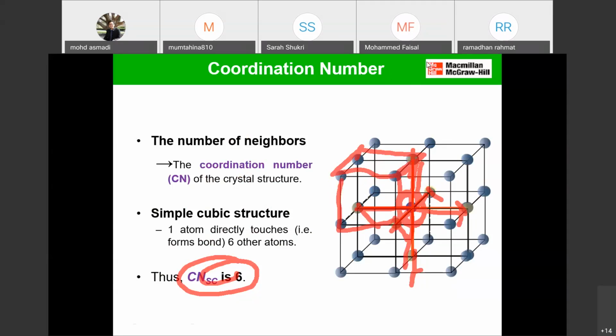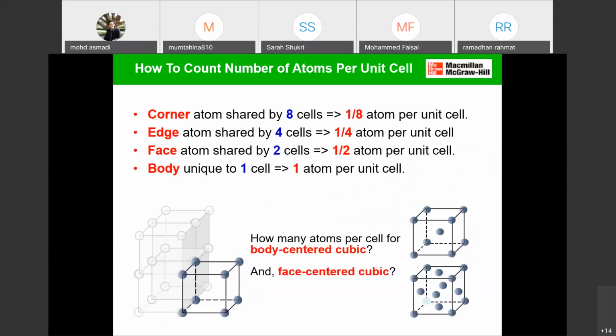So how to count the number of atoms per unit cell? At the corner there are 8 cells, so each corner equals 1 over 8 atom per unit cell. If you cut here, you get 1 over 8 atom per unit cell. An edge has 1 over 4 atom, a face 1 over 2, and the body 1 atom per unit cell.